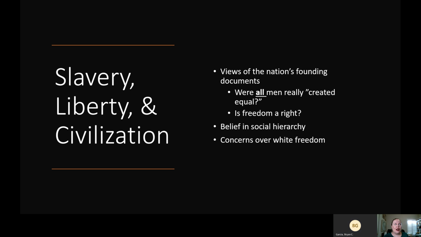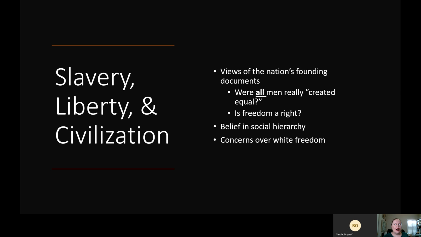There's lots of belief in social hierarchy, much like we saw the Puritans say, right, that social classes were a good thing, that naturally some people would be rich and some would be poor. Southerners argue the same thing. They're like, oh, well, it's perfectly natural for society to have a few people who have it all and a lot of people who don't. That's part of life. That's part of human existence.